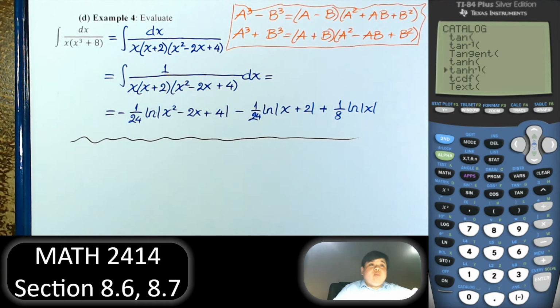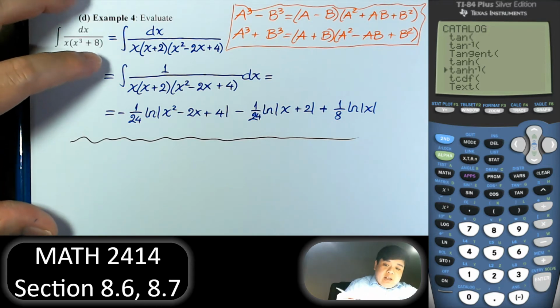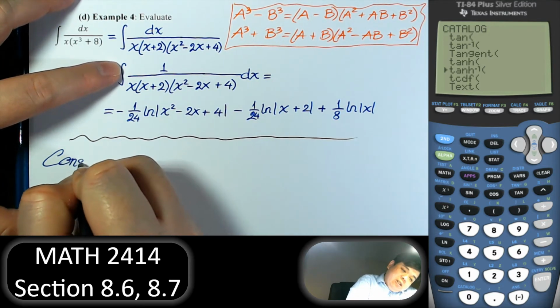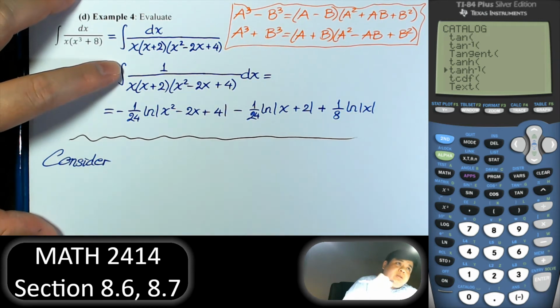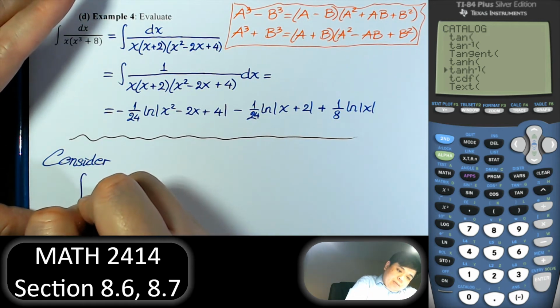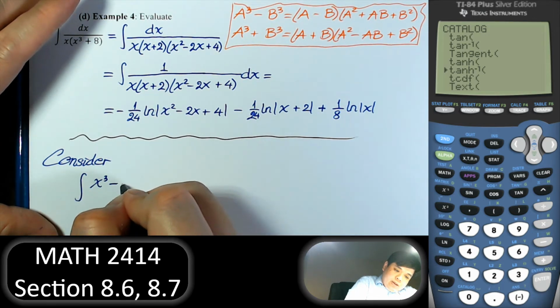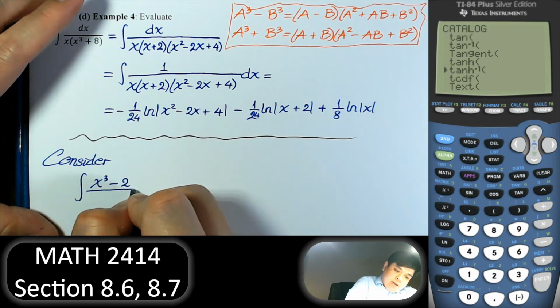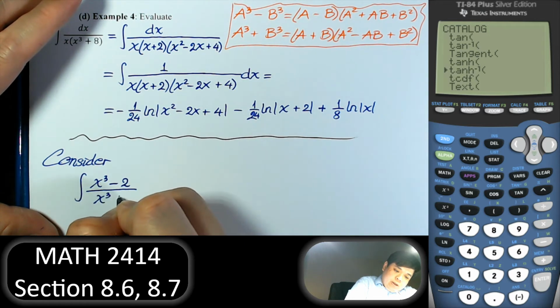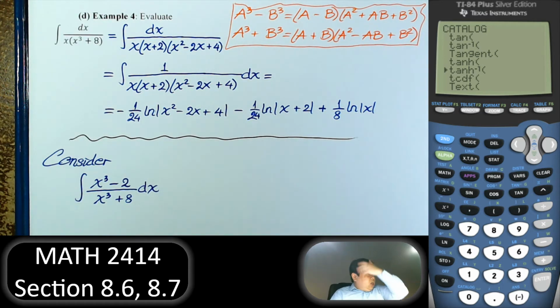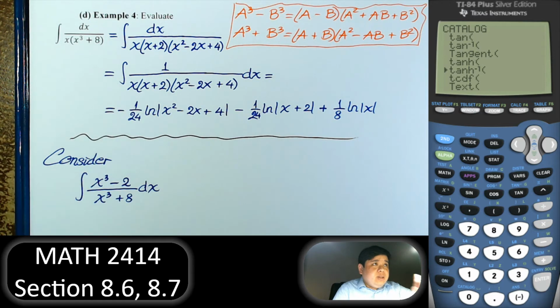So what we have up to this point is the partial fraction. What happens if we have something like this? I'm just going to make up an example. Consider something like this. So what is the difference between this one and that one in partial fraction?